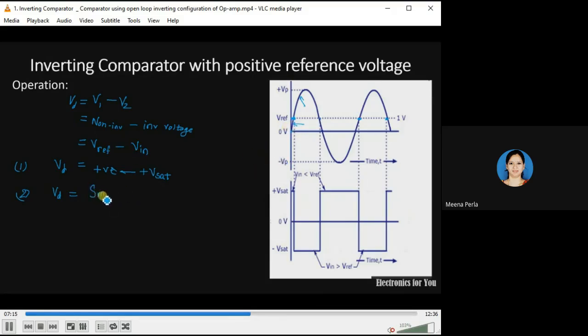Obviously, if from a smaller number we subtract the larger number, we will get a negative value. That negative value has been shown here as negative saturation. So for this duration you will find there will be minus V sat, where V in is greater than V reference. So here we have written V in is less than V reference for this duration, and for this duration V in is greater than V reference.